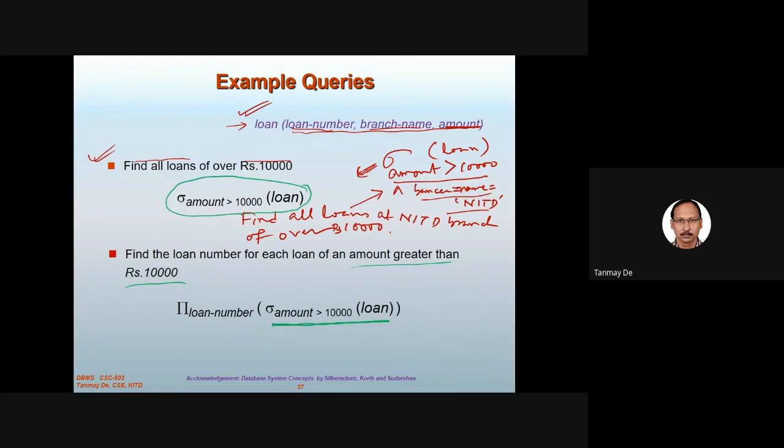From these tuples, which attribute can we consider? Only the loan number. It displays only the loan number, not the other attribute values. Which loan numbers? Those where the loan amount is greater than 10,000 rupees.